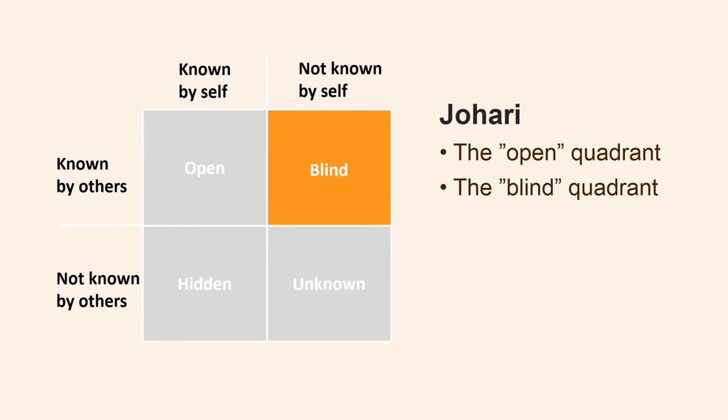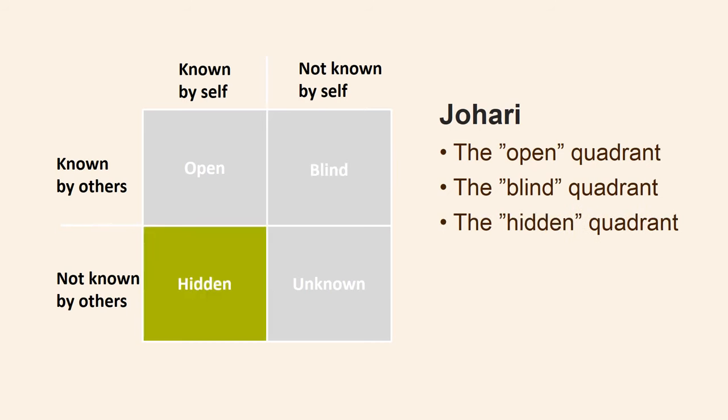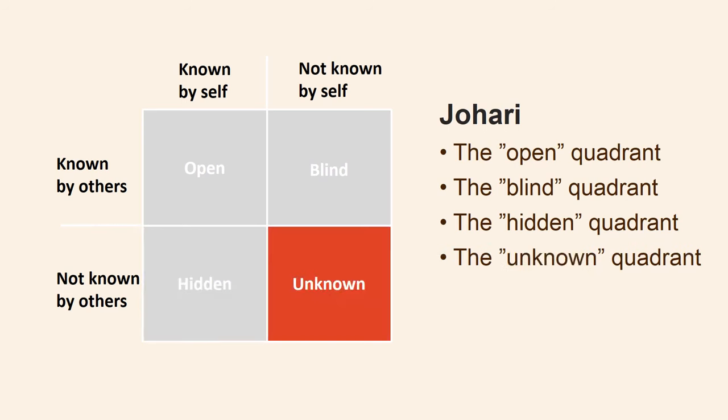The blind quadrant is what is known by others but not known by myself. The hidden quadrant is what is known by myself but not known by others. The unknown quadrant is what is not known by myself and also not known by others.